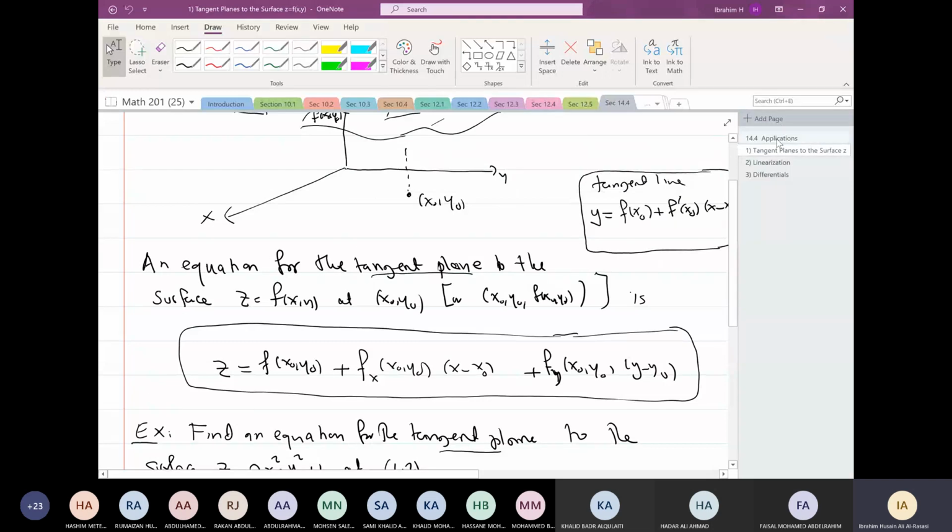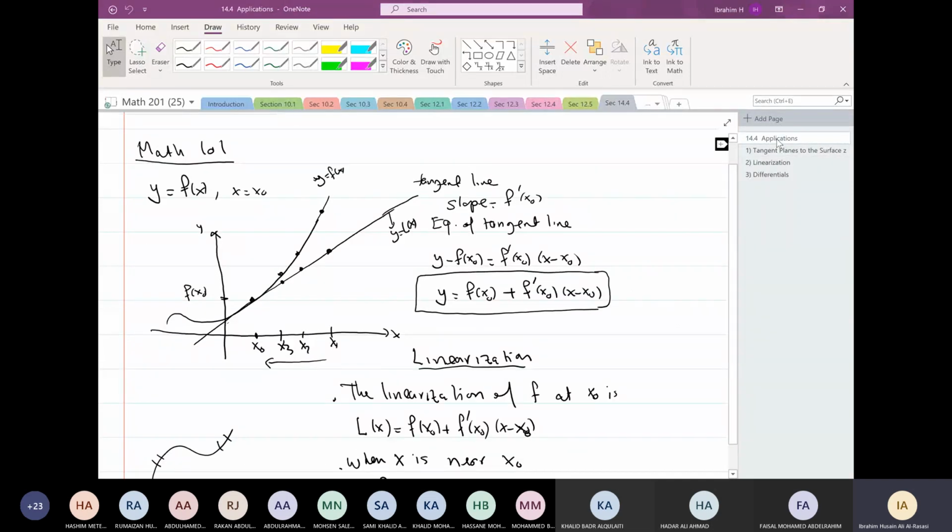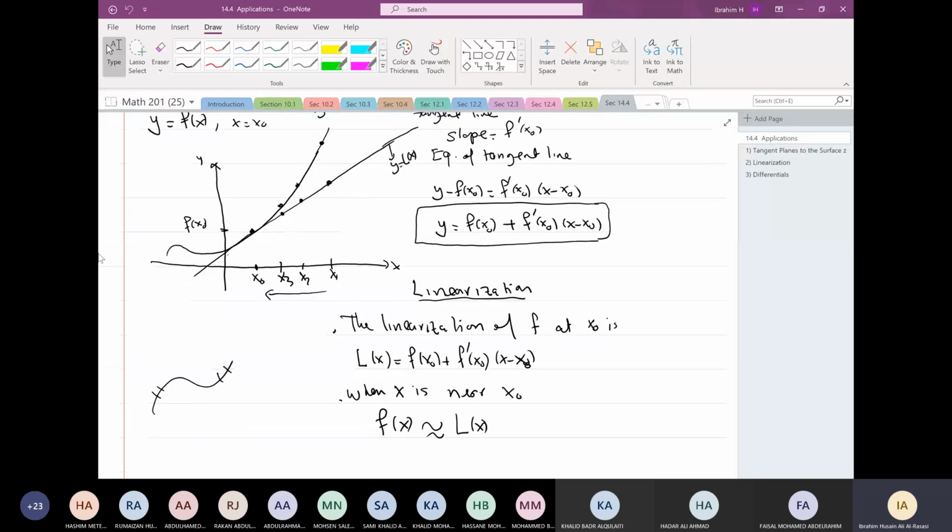Then the next application was what is called in Math 101 linearization. The linearization of a function at x0 is just the equation of the tangent line, but instead of writing y, we write L of x. So you think of it as a function, L of x equals this, which is the equation of the tangent line. For the tangent line, it is y equals L of x.